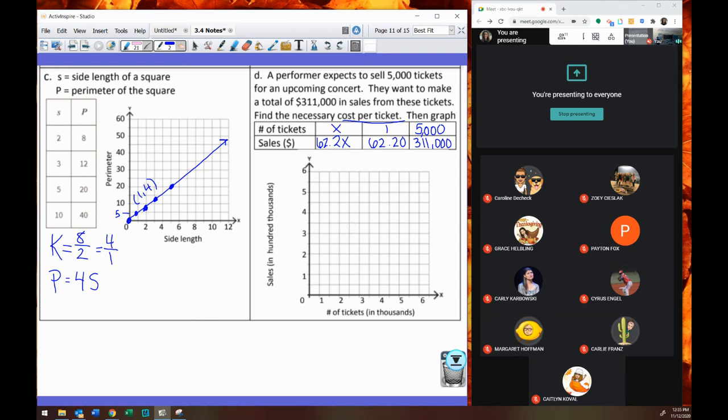So you find your sales by taking 62.2 times X. So that's our equation. So pulling our equation down here, just like Abby was saying, the cost is equal to 62.2 times the number of tickets.